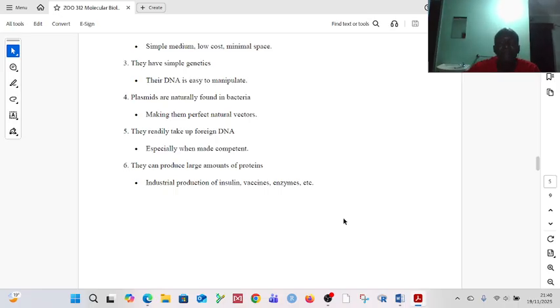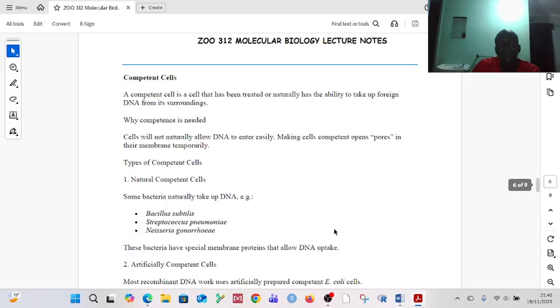So we've talked about competent cells. When a cell has the ability to take up foreign DNA from its surrounding, then that cell is said to be competent.